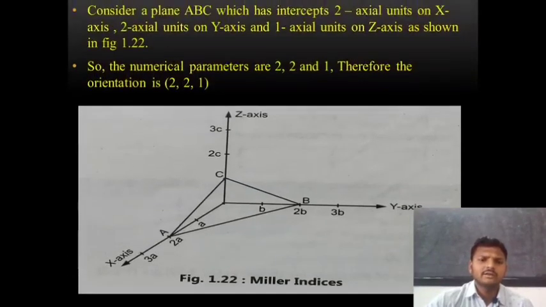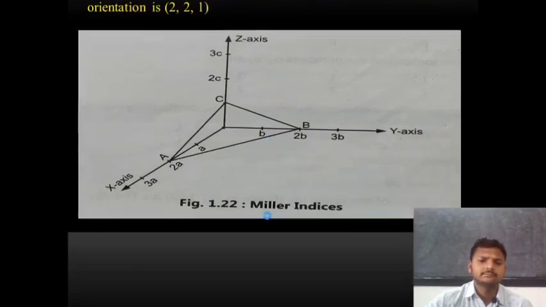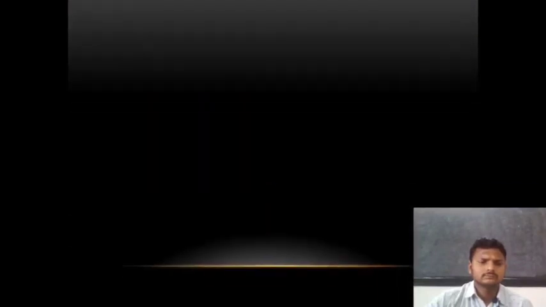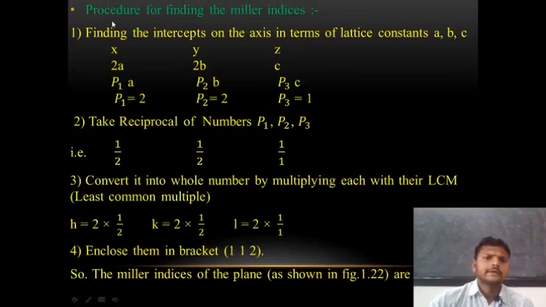Here in the figure, the lattice constant on the x axis is a, on the y axis is b, and on the z axis is c. So first, to find the Miller indices, we find the intercepts on the axes in terms of lattice constants a, b and c.